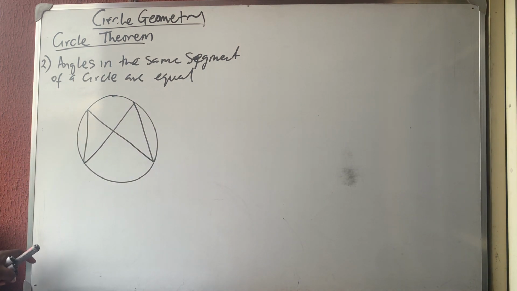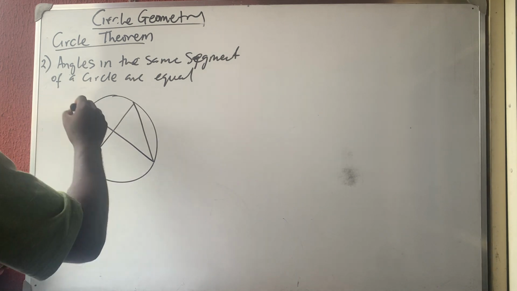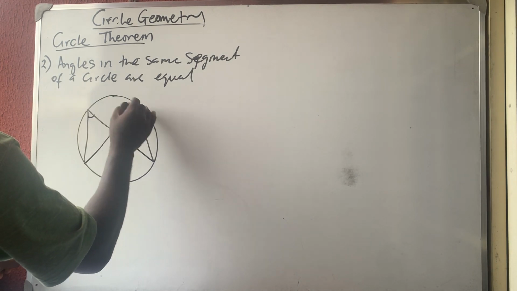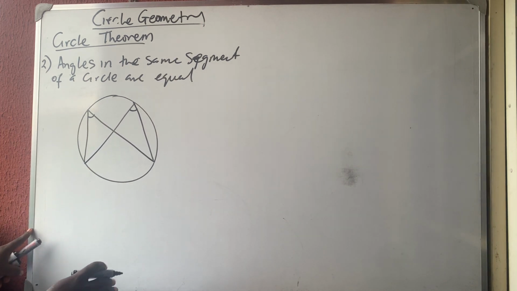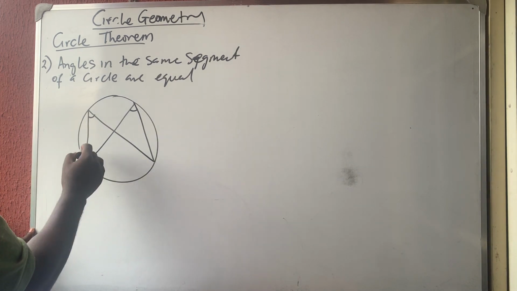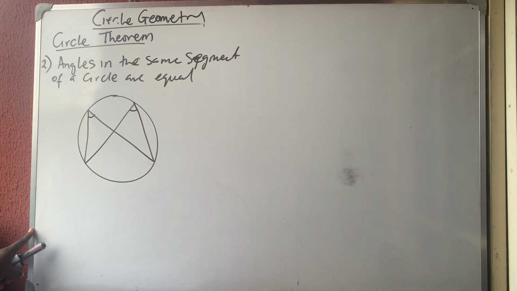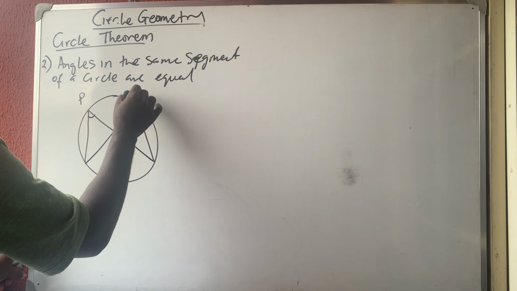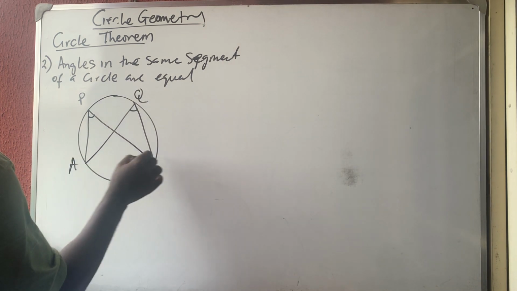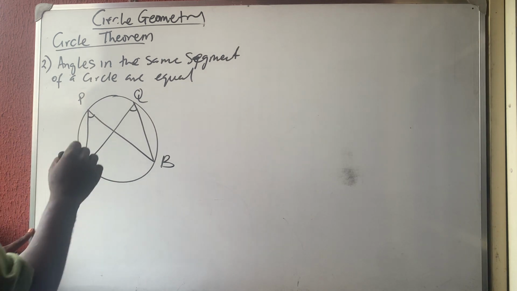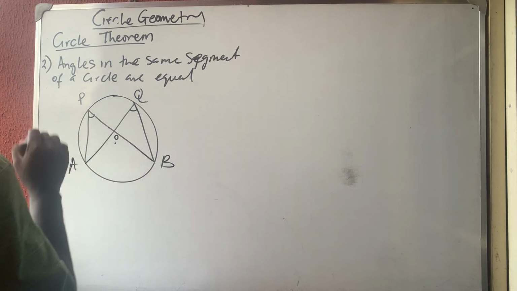Once they cross like this and you have two angles on the same segment like this, they are equal. That is what they are saying. In fact, these two are on the same segment. Here is equal to here. Yes, very, very important. So now here is P, Q, here is A and B. Okay, and here is the center of the circle O.